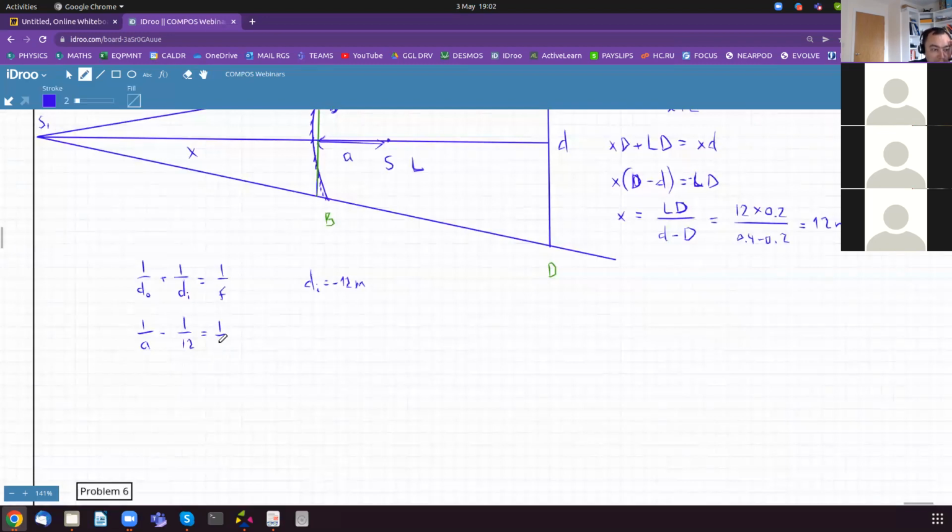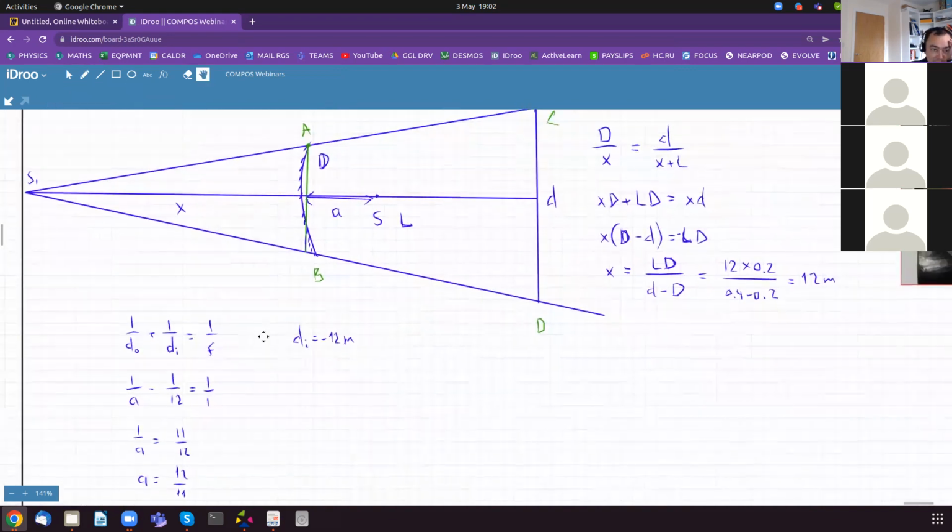So 1 over A is going to be 11 twelfths. So A is 12 over 11, slightly more than the focal distance of the lens, which is a little bit surprising to me.